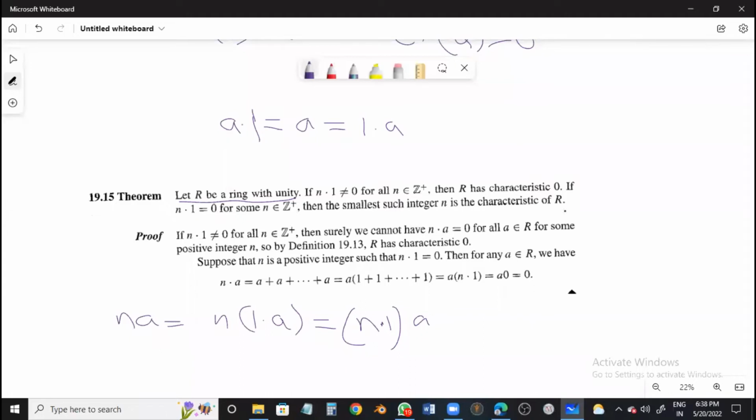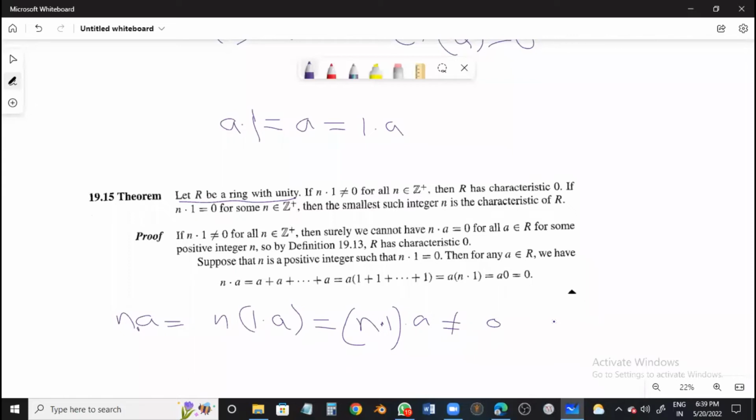Now, what I want to talk about is the characteristic of that ring. And who decides the characteristic? Multiplication by n. If it vanishes, then we say that particular n is the characteristic. So n into a will be equal to n times 1 into a. By associativity, I can write n into 1 into a. But if n into 1 is non-zero, then this particular product cannot vanish.